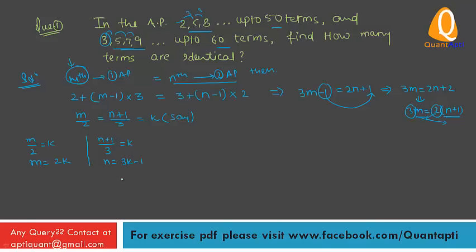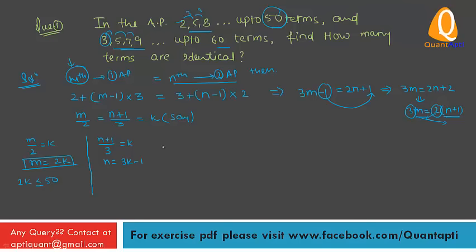Now you know that for the first AP the total number of terms is 50. So the mth term, which is in between these 50 terms, is always less than or equal to 50. So 2k is less than or equal to 50.